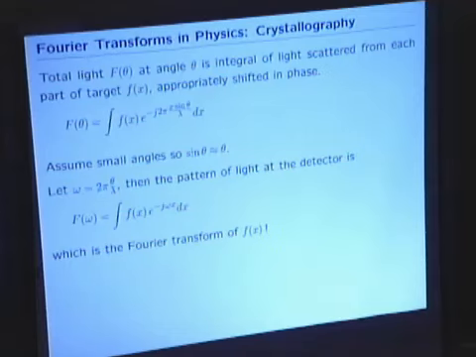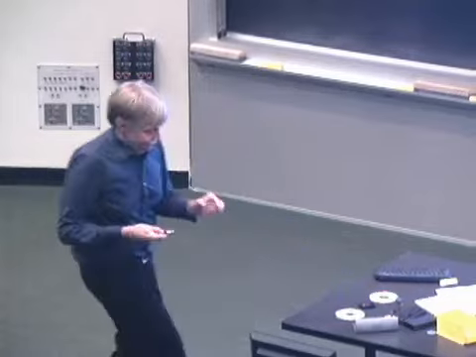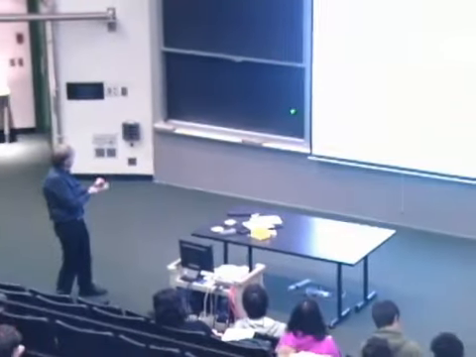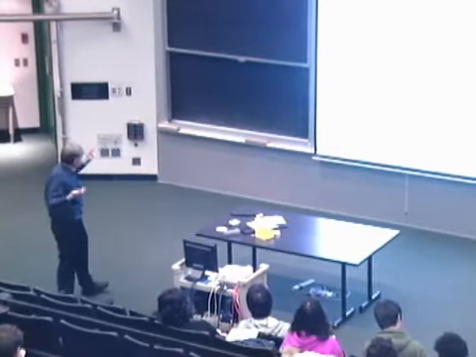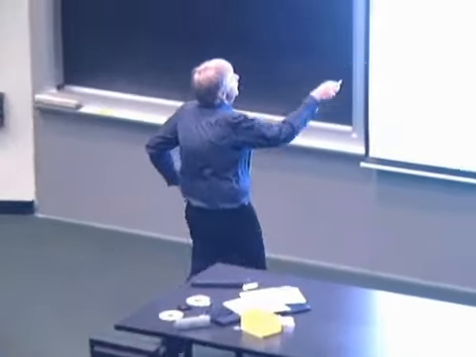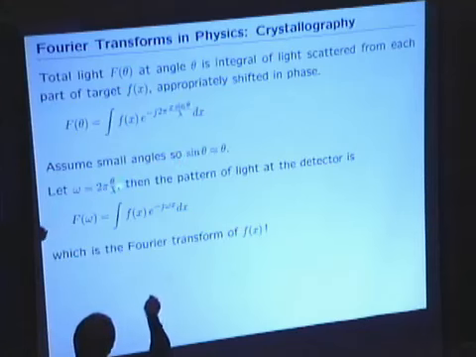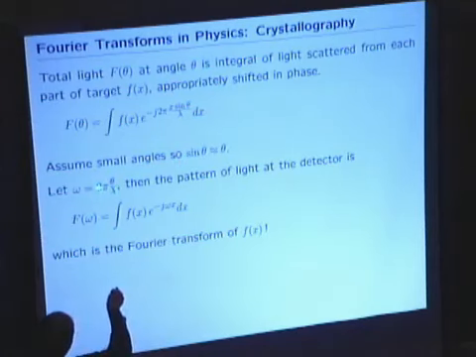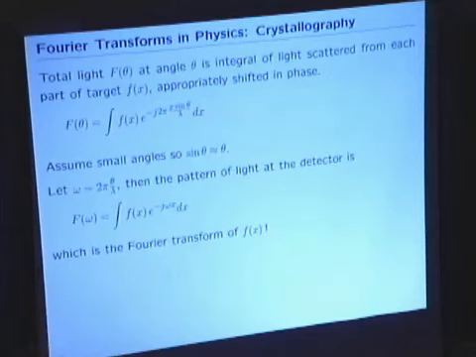Now imagine that the sine of theta is about theta, right? That was true in all of the examples I've done so far, right? So here I'm 15 feet away, and it's a foot, so that's small angle approximation. So now let's replace sine of theta with theta, and let's think about this number, 2 pi theta over lambda. That's just frequency omega.